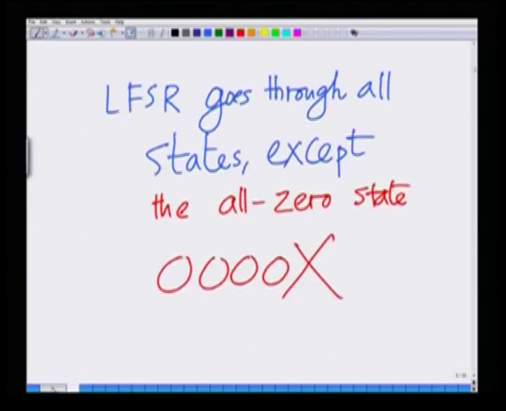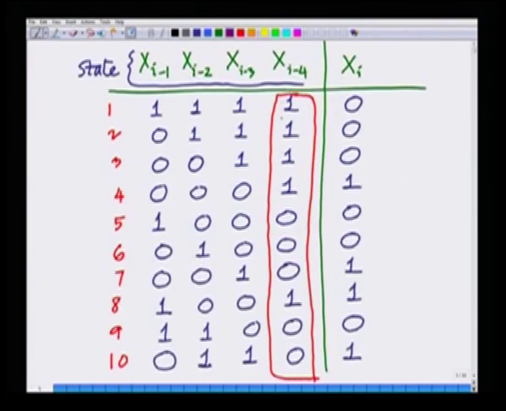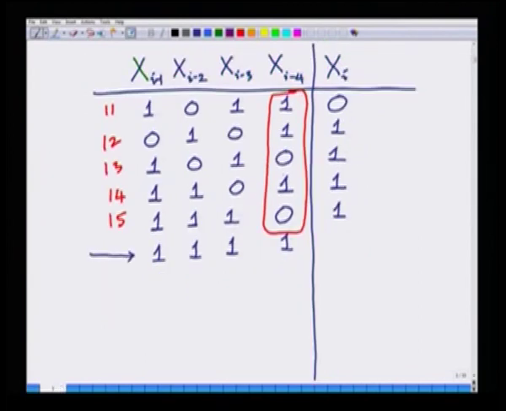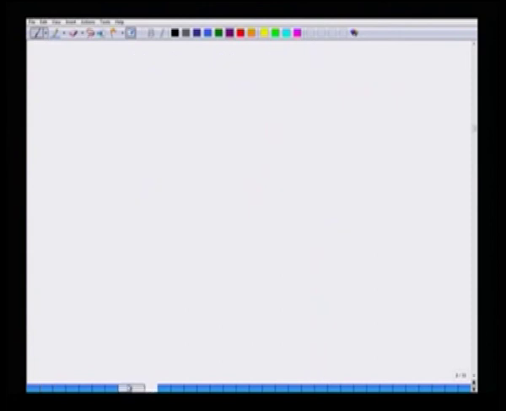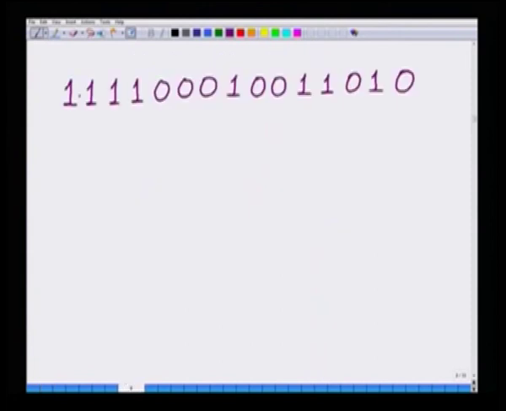You can verify this from this table. If you take these outputs together, that is xi minus 4, and take them for one period, that is the PN sequence over here.